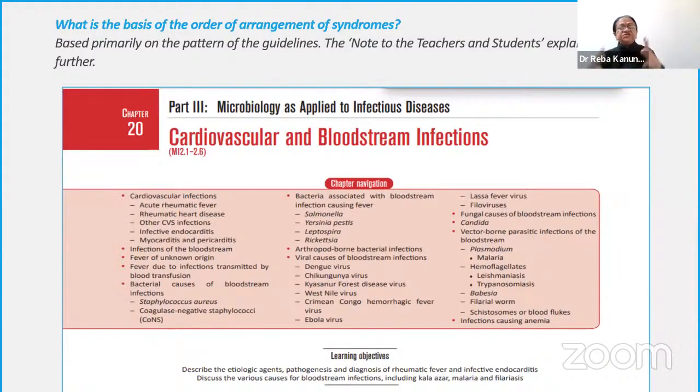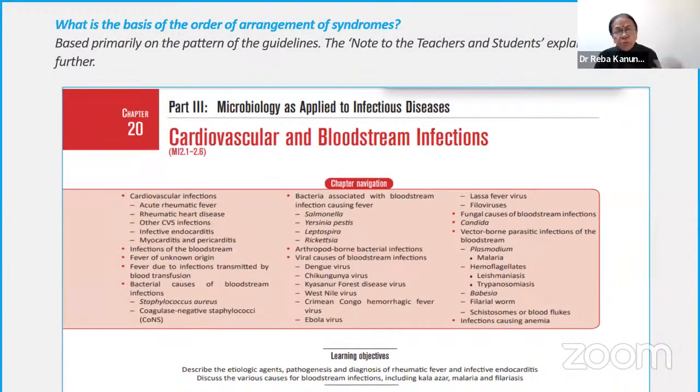Like, for example, bloodstream is a general infection across the body. Then the respiratory tract infection. So the organisms which are associated with respiratory can also produce CNS infections. So there is a link between the organisms associated with respiratory, followed by that as they progress towards the CNS infection. So that is the reason why we have followed that chapter order.